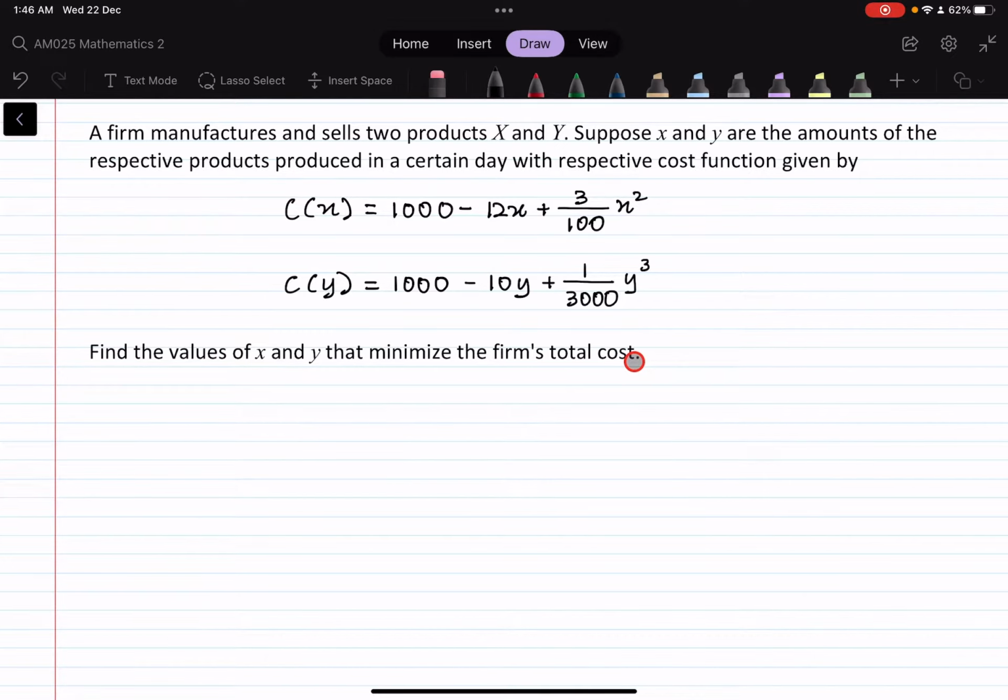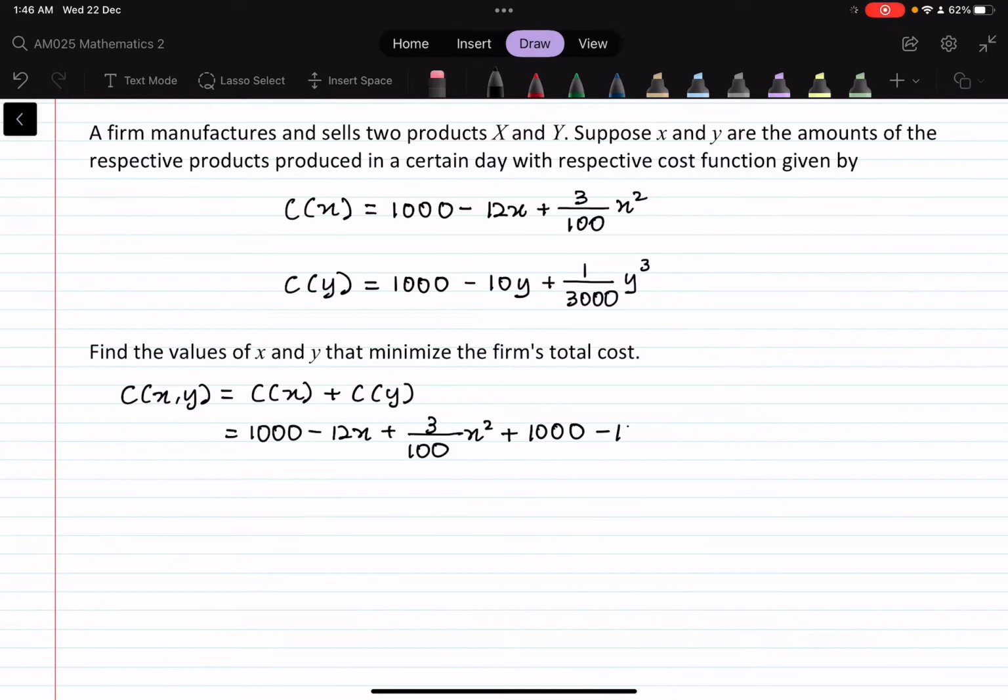So let us form the cost function C(x,y). We're going to add Cx plus Cy. So 1000 minus 12x plus 3 over 100 x squared, plus 1000 minus 10y plus 1 over 3000 y cubed.